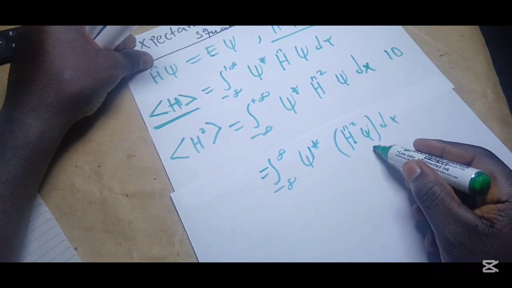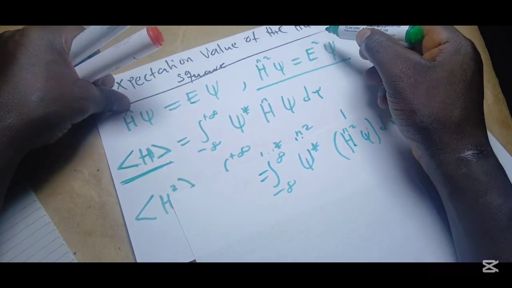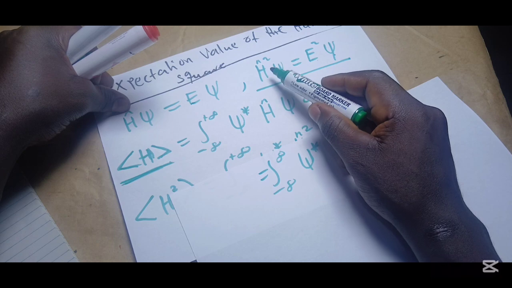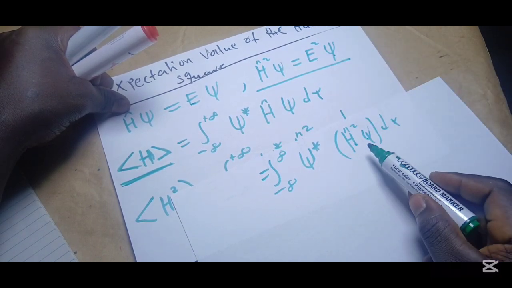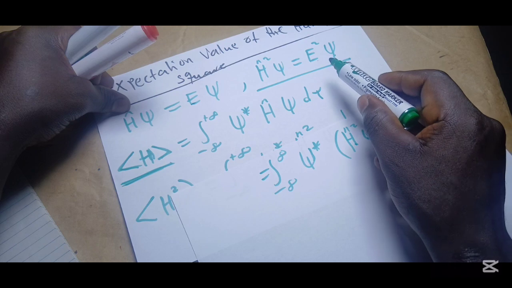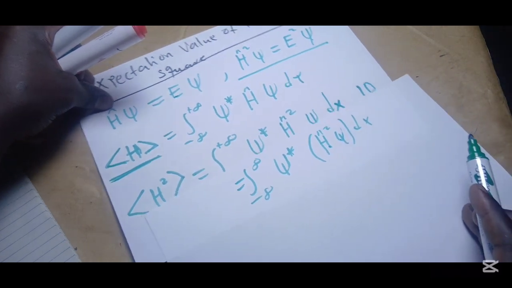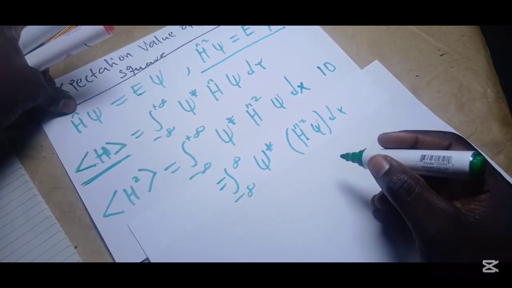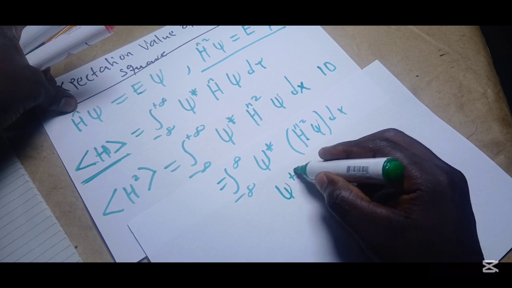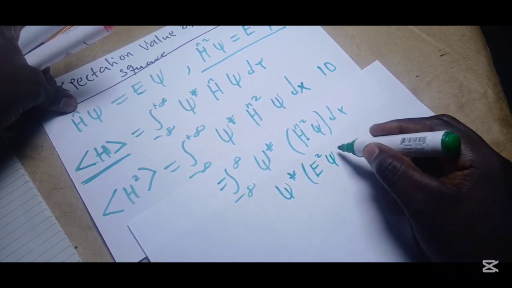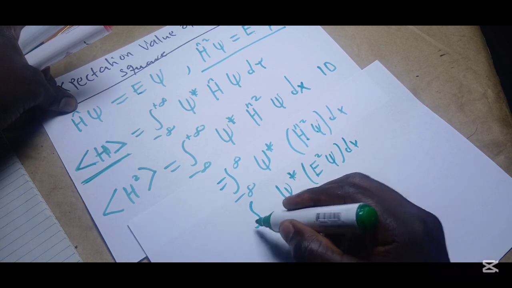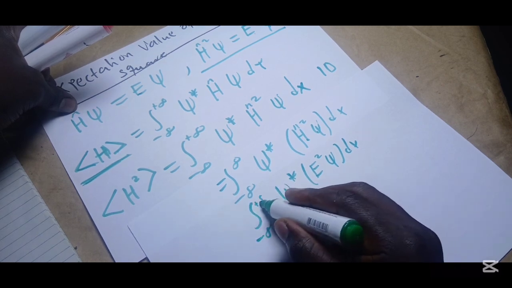So we can replace this term by E square psi. So psi star E square psi dx, integral from negative infinity to positive infinity.